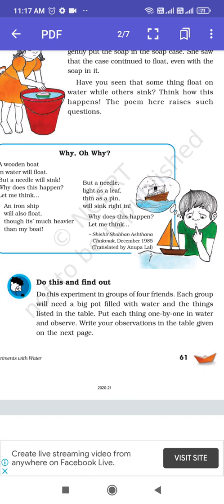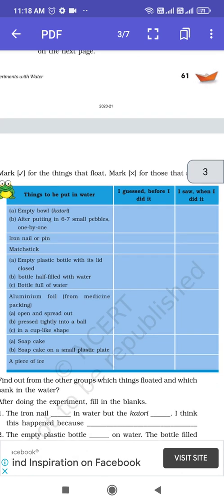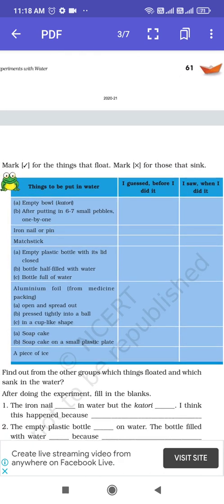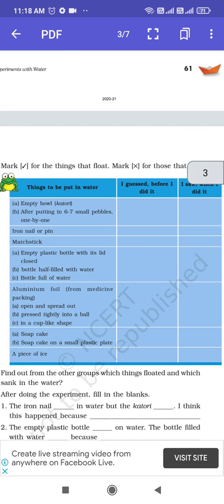Put each thing one by one in water and observe. Write your observation in the table given on the page. So here the things are there. You can write down your observation in your book, right? So do this experiment and try to fill up this table.